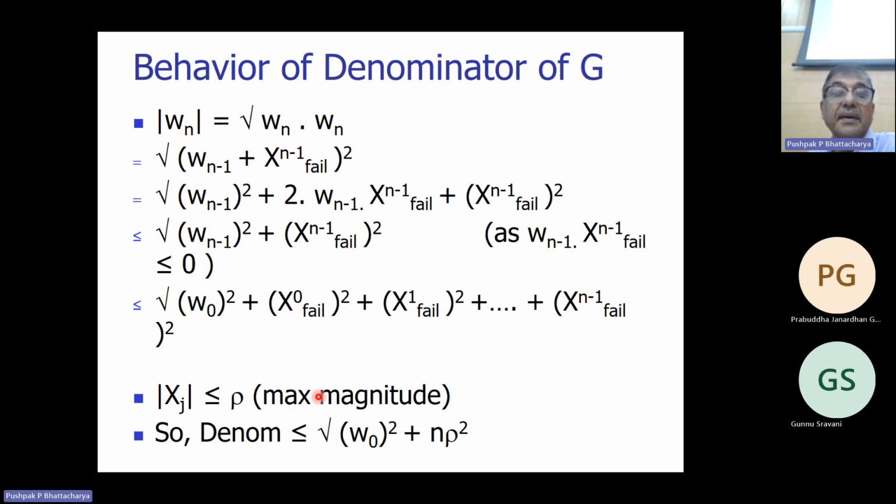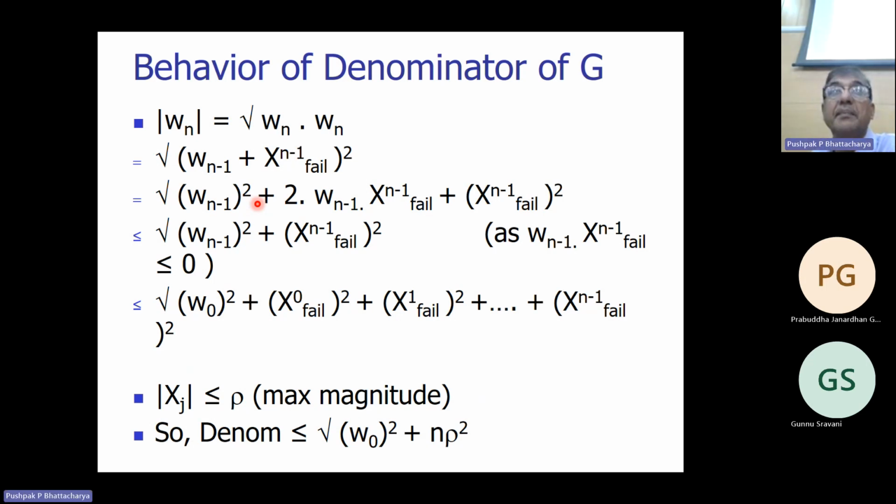And if there is some maximum magnitude rho, then the denominator increases as square root of n, because these failed vectors appear n times. So the denominator increases as square root of n, while the numerator increases linearly in n. Therefore, GWN has to become infinity as n tends to infinity.